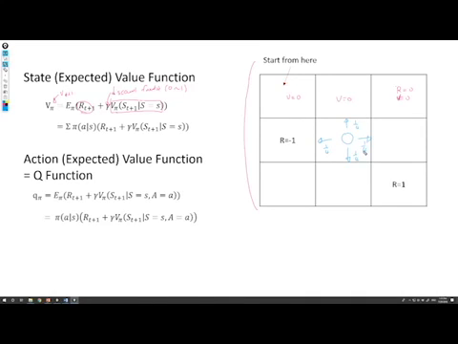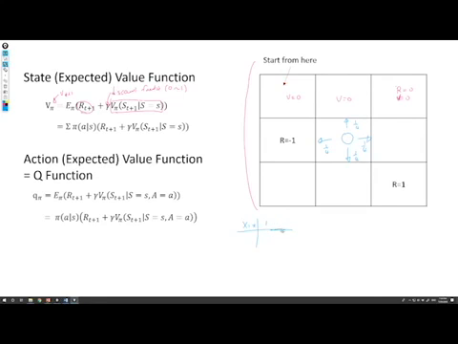Then with 1 over 4 probability, we can choose one of these 4 directions. So all of a sudden, we can view this as a probability, and the expected value of the neighbor cell is the random variable.